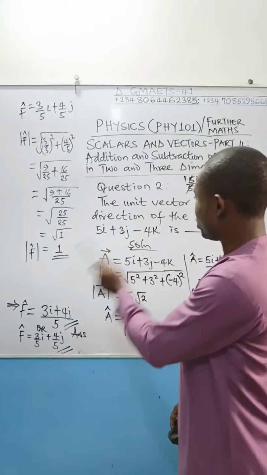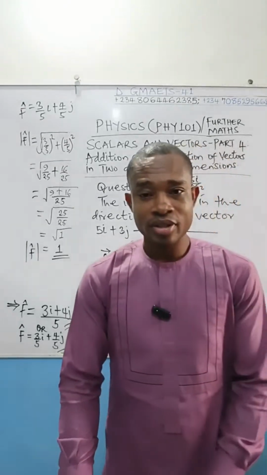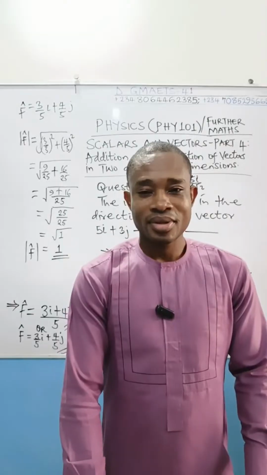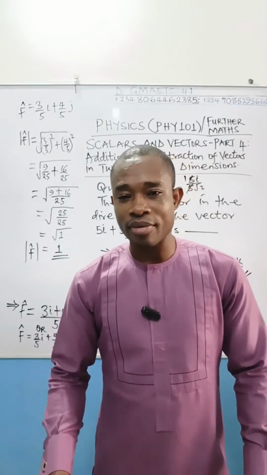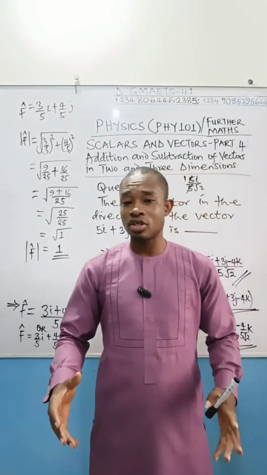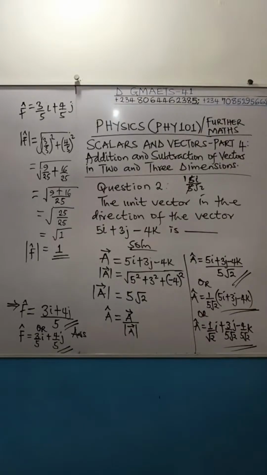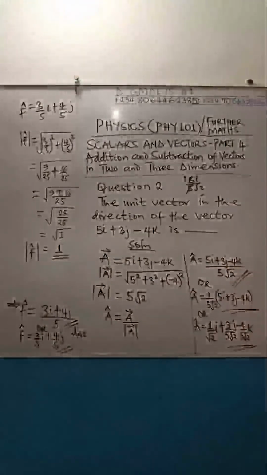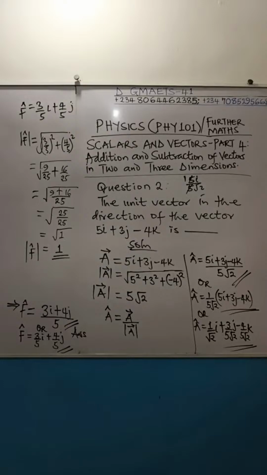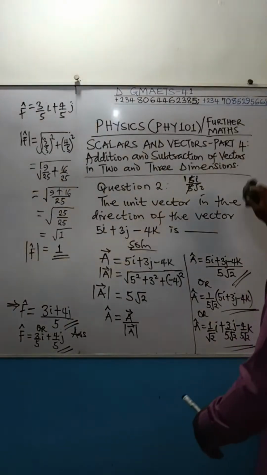I'm going to wipe all these on the board so that we can now talk about the algebra of vectors in 2 dimensions and vectors in 3 dimensions, addition and subtraction. Let's check the network situation. So I'll wipe this.